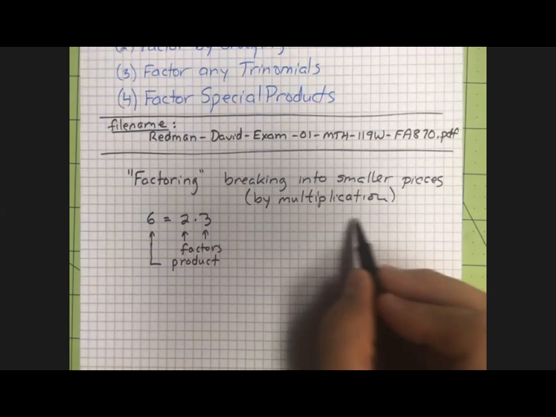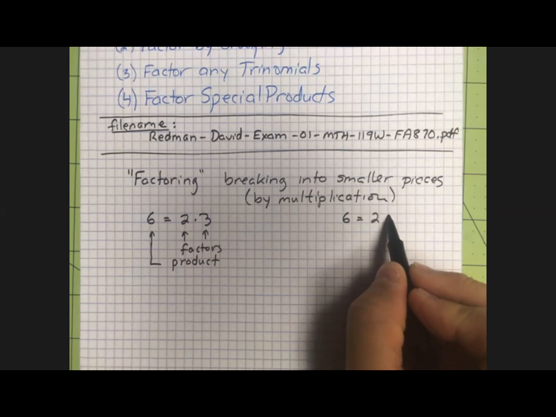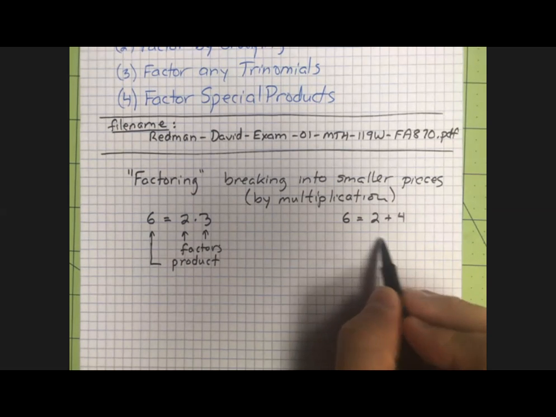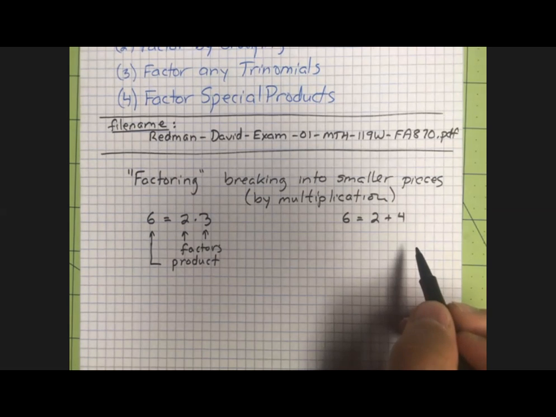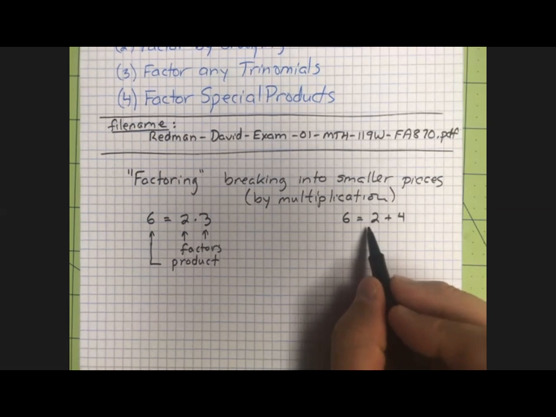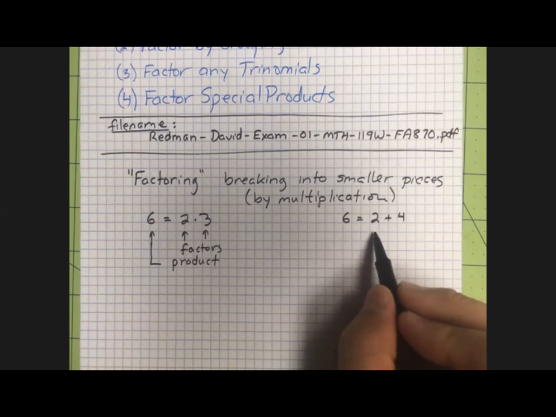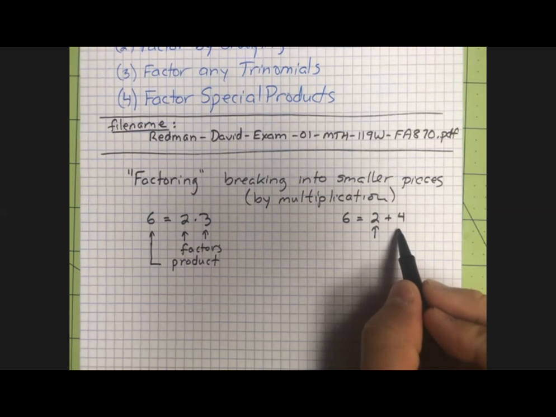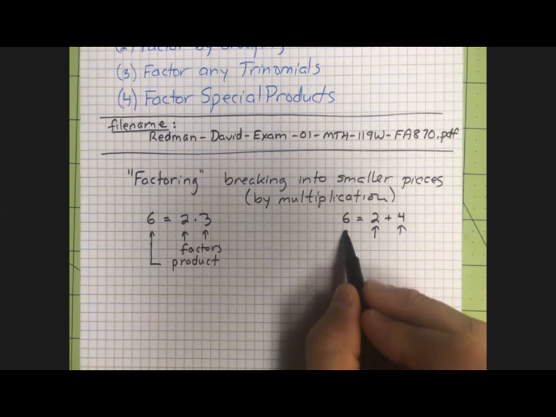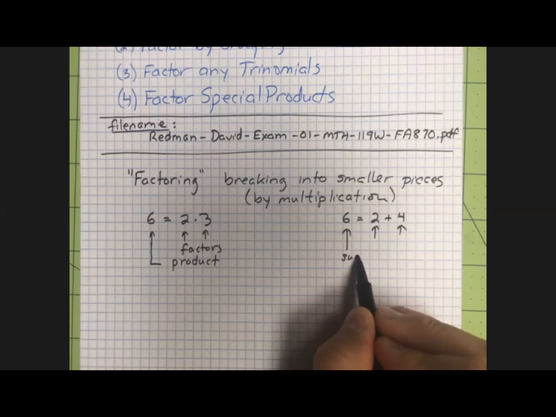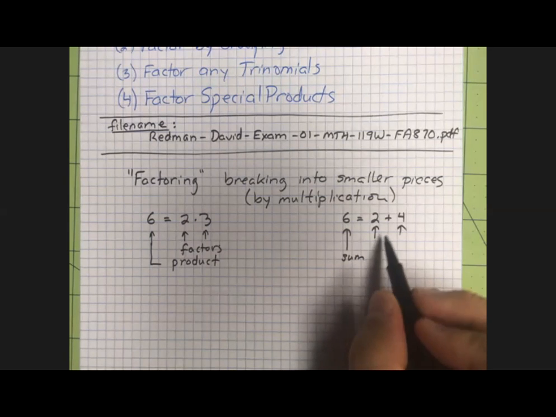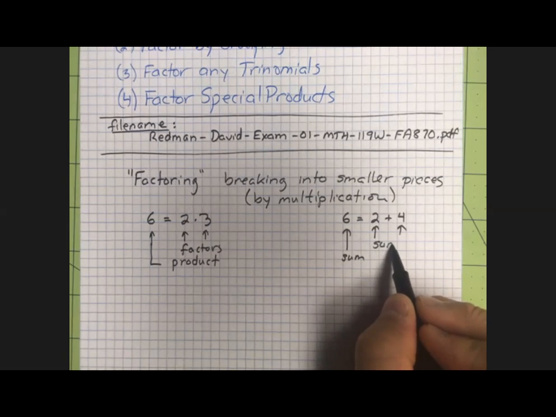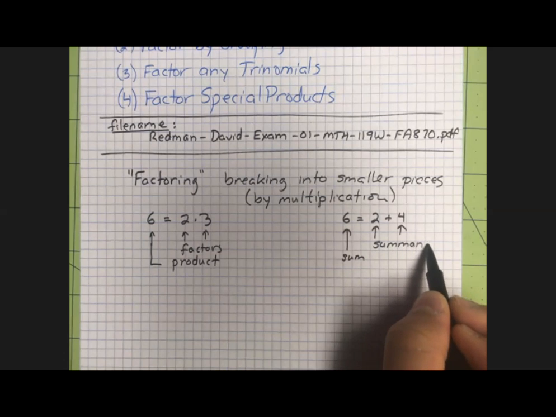So if someone says 6 is 2 plus 4, you are absolutely right. And when you break up something by addition, you call this a sum, and you call these things summands.